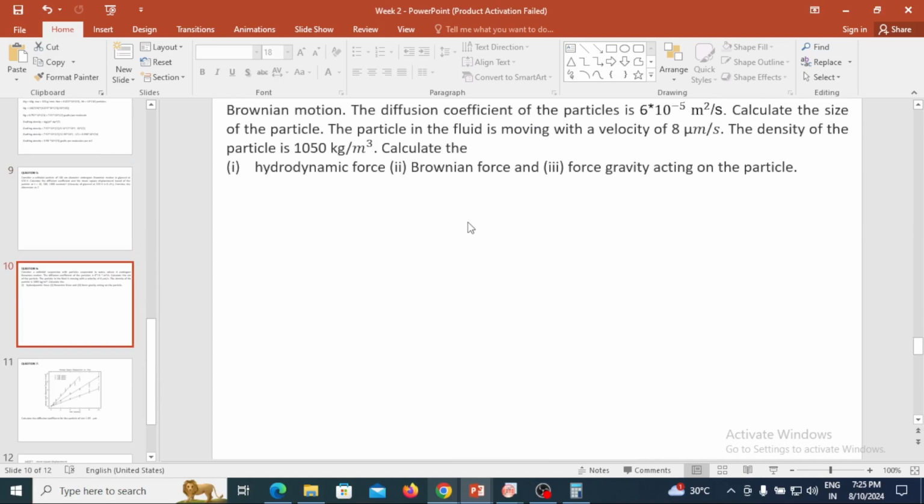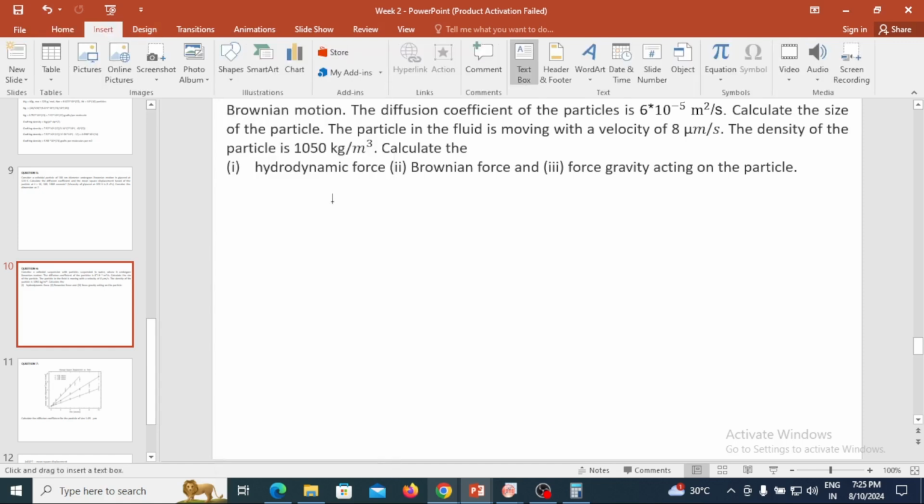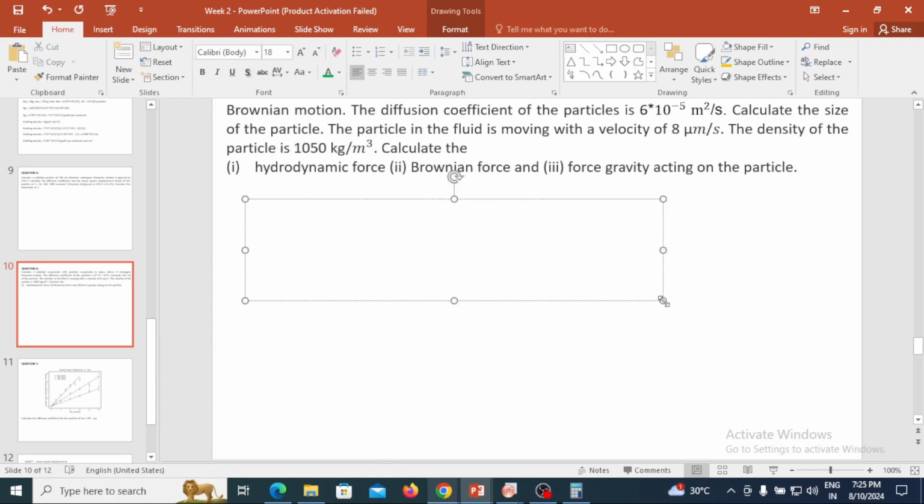As I said previously, for calculating the radius of the particle, you need to use the Stokes-Einstein relationship. So let's use that. So D equals to, I hope by now people will be very familiar with the formula of the Einstein relationship, because that is very important. So this is the Stokes-Einstein relationship.